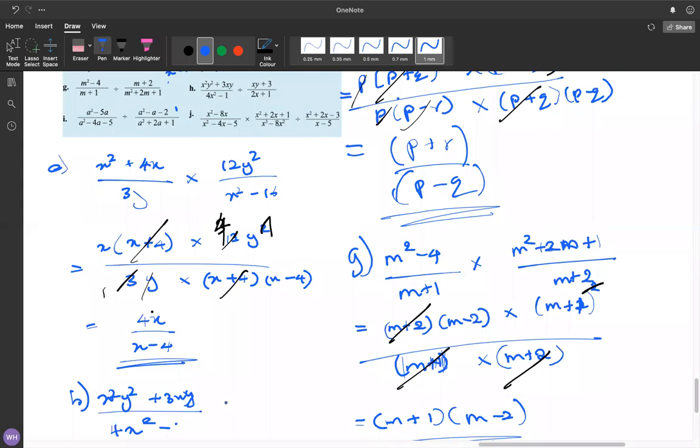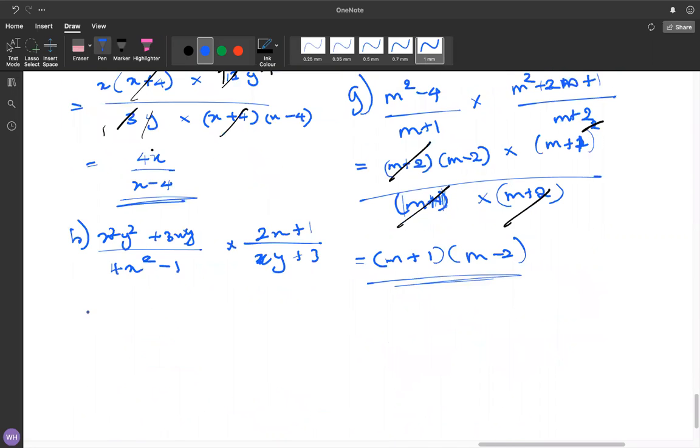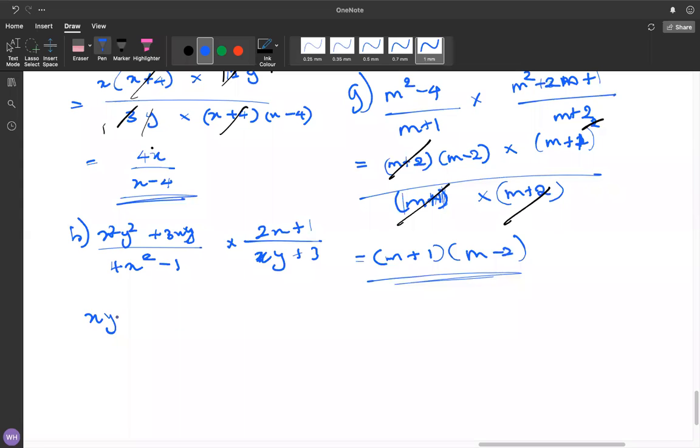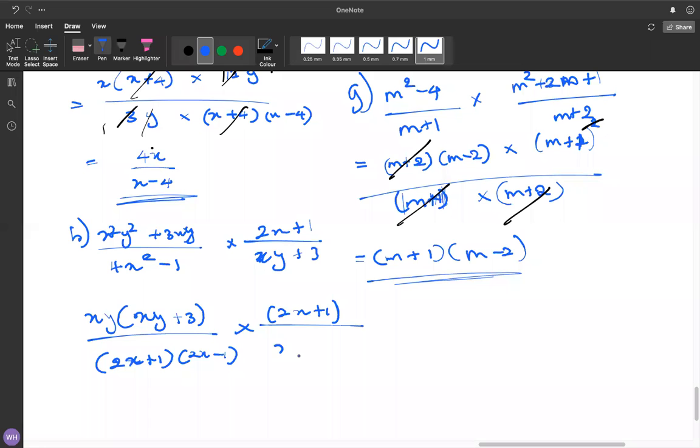4x squared minus 1 times 2x plus 1. I'm straight away writing this division as a multiplication so that we can get the answer. xy is the common one here and comes xy plus 3 over here. And then this is 2x plus 1 and 2x minus 1 times this is 2x plus 1 and here xy plus 3.